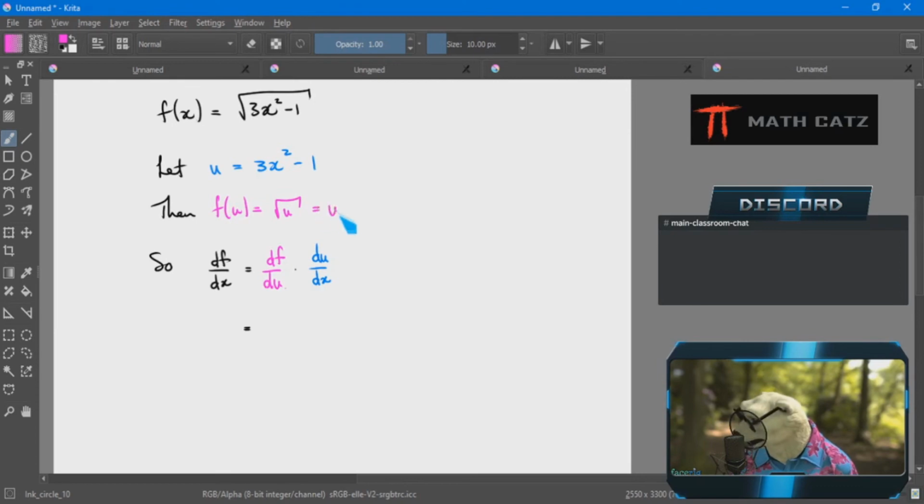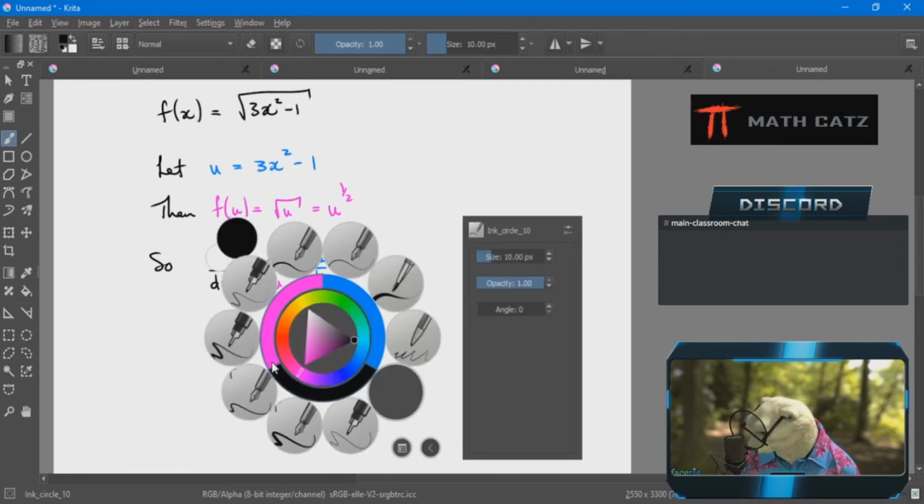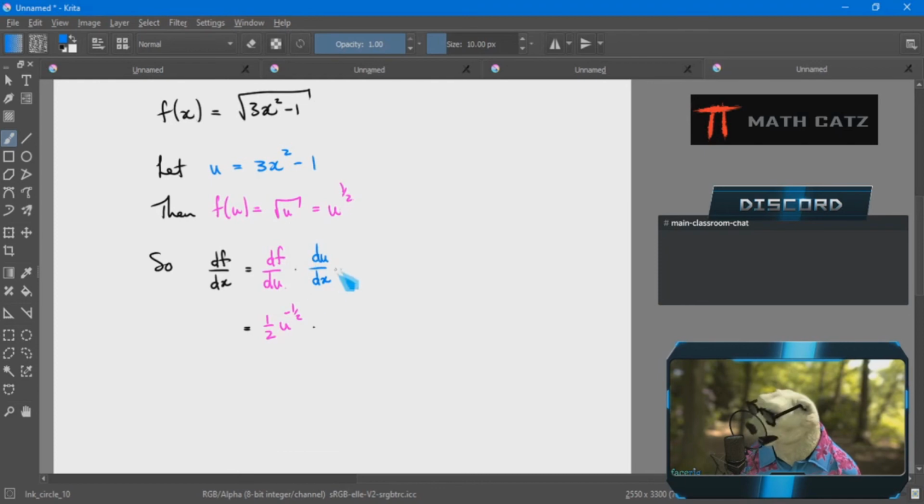If you're not, I simply want to see this as a power of the variable, u in this case, and then use my power rule to write 1/2 u to the negative 1/2. Doesn't matter. They're different forms of the exact same thing. I'm not going to rewrite it. I'm not going to do anything. I just do it the way I want to do it. Then the derivative of the inside function, which is obviously, I hope, 6x.